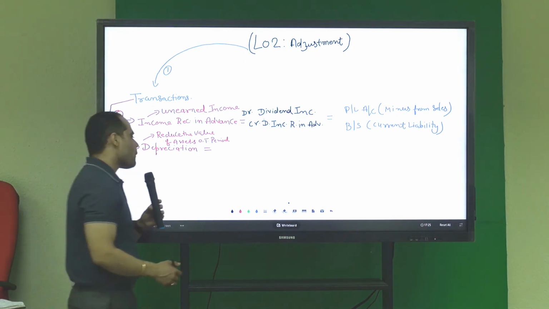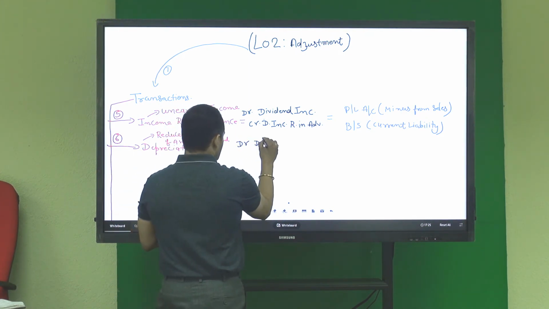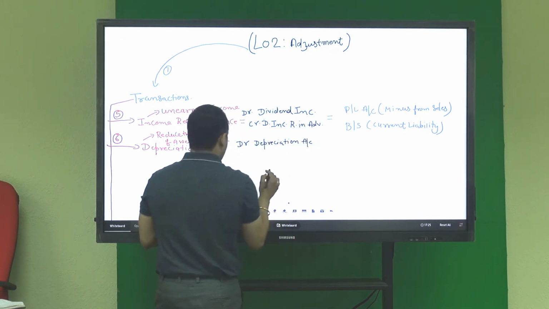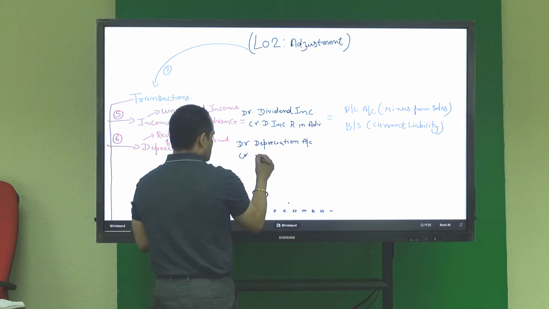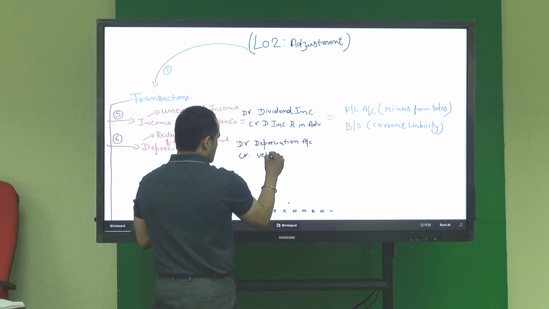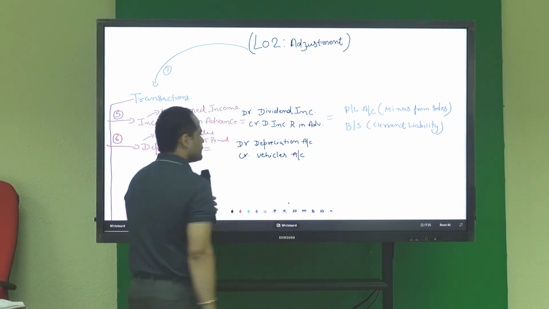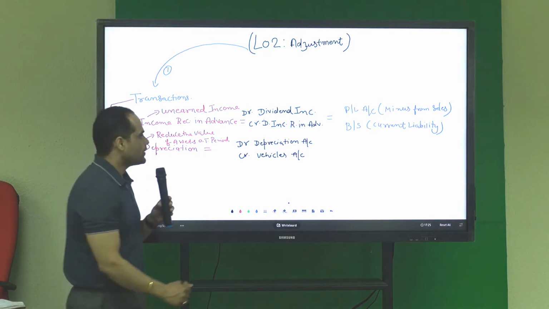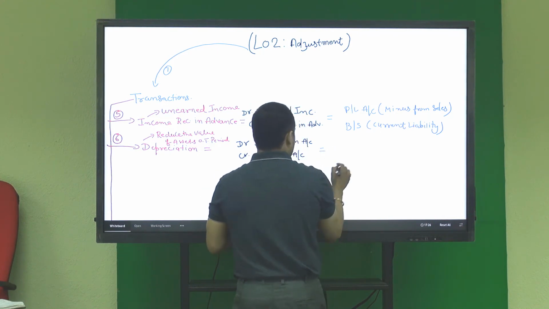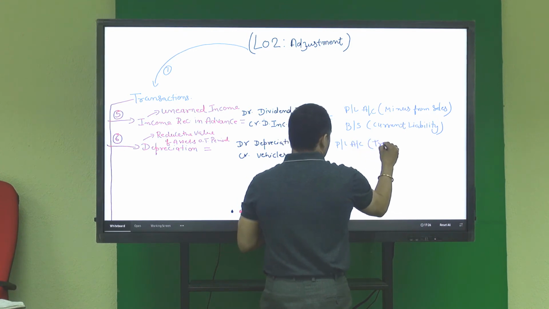So what will be the treatment? You know that: debit depreciation, credit whatever the asset is, let's say vehicles. What will be the adjustment in your profit and loss account?